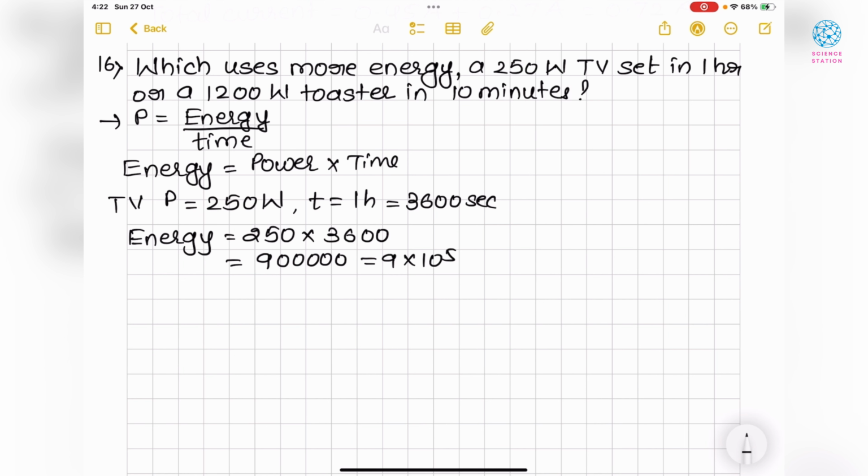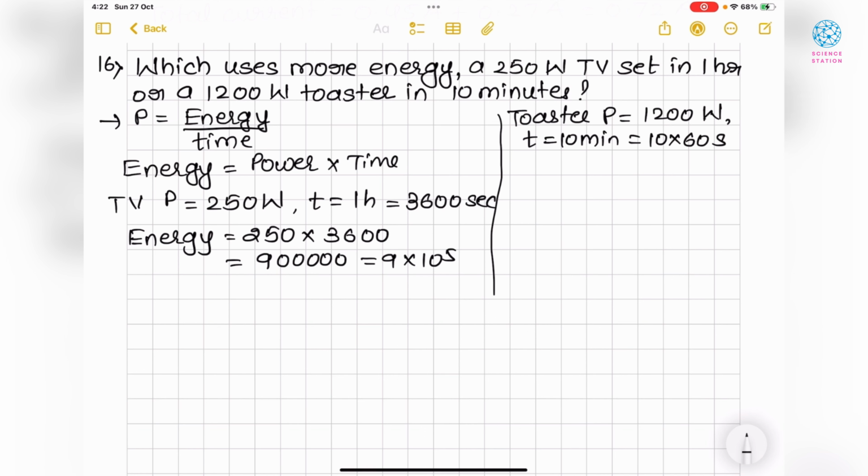Now for toaster machine, P is 1200 watt and T is 10 minutes. So 10 minutes means that will be 10 into 60 seconds. So 600 seconds.